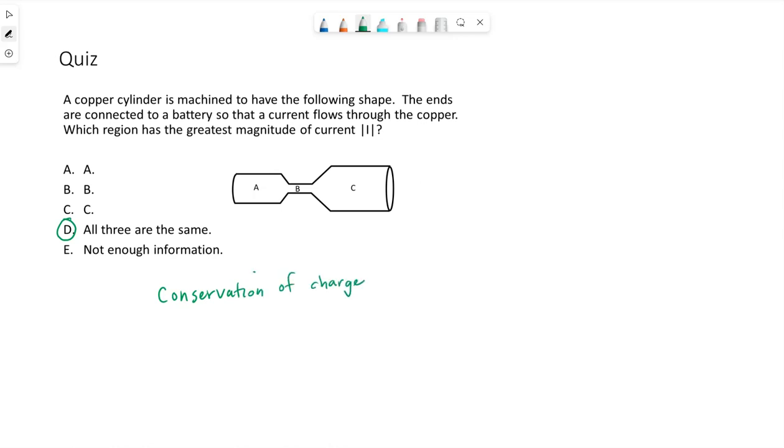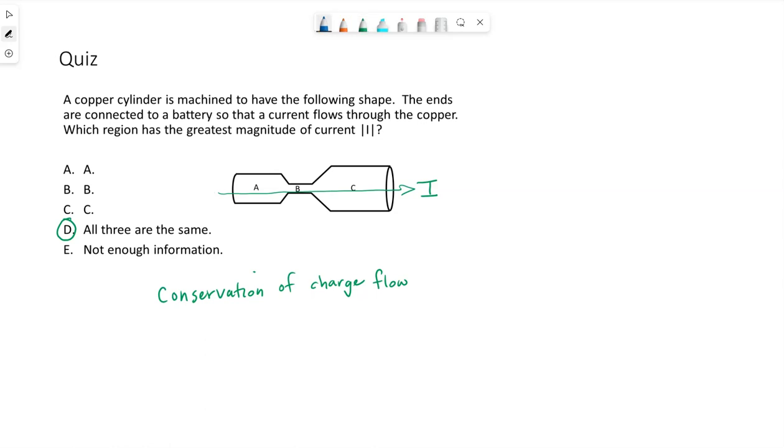With current, we're essentially conserving the charge flow. As current is flowing, there's no junctions where some of the current could go one way and the rest could go another way. If there is no junction, then all of the current must keep flowing, and the current needs to be the same everywhere.